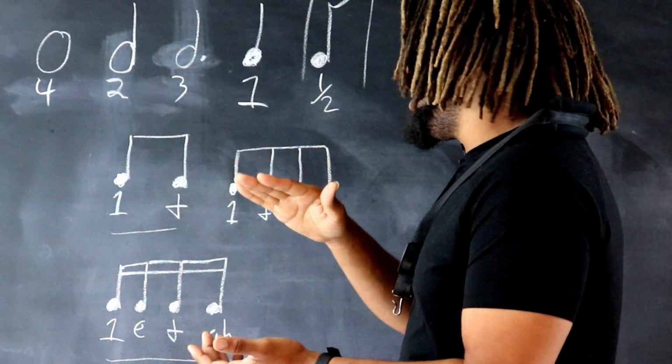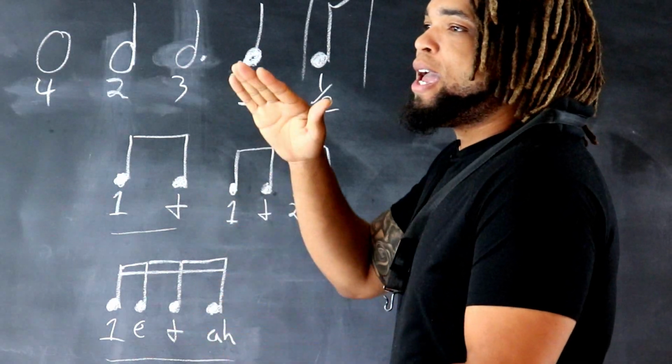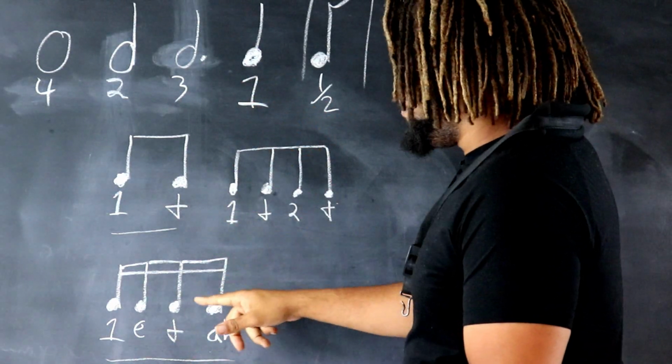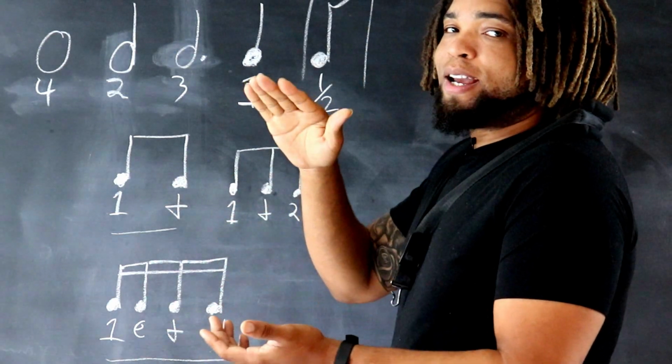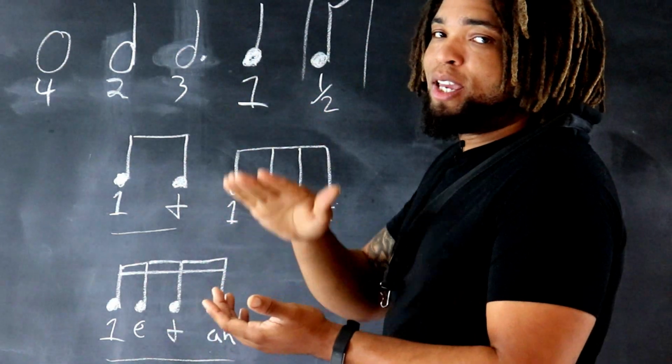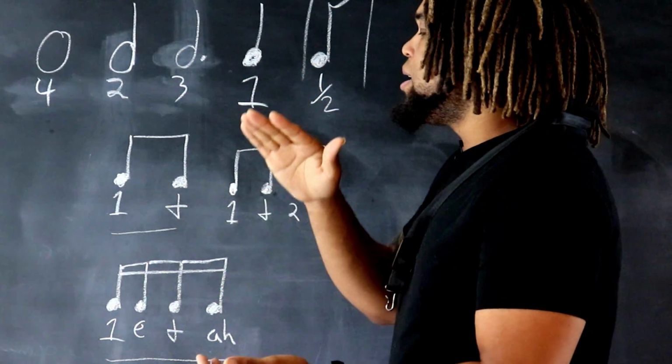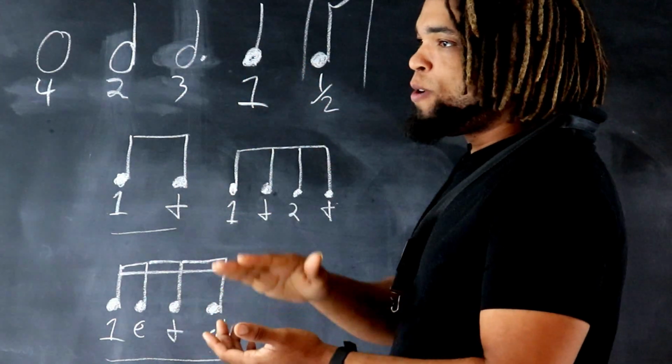Now if I do 16th notes, it's going to be 1 and a, 2 and a, 3 and a, 4 and a, 1 and a, 2 and a, 3 and a, 4 and a.